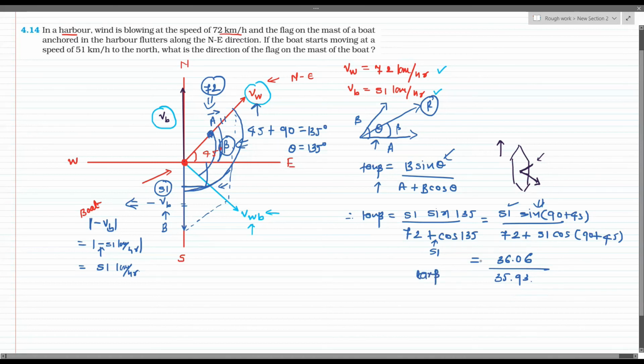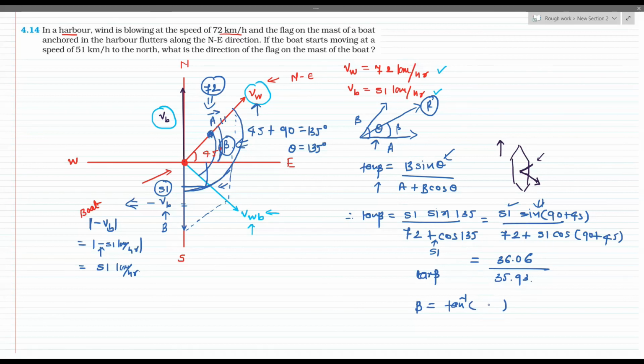Now beta equals tan inverse of 36.06 divided by 35.93.